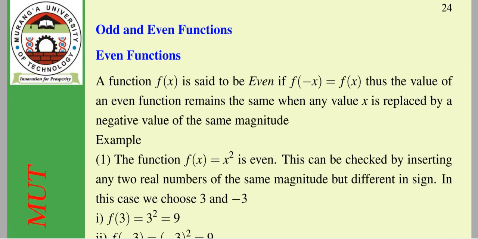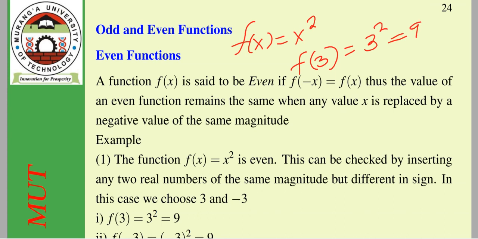So, for example, we may have a function like f of x is equal to x squared. In this case, when we take a value like 3 and we square, so when we write f of 3, we get 3 squared, which is 9.